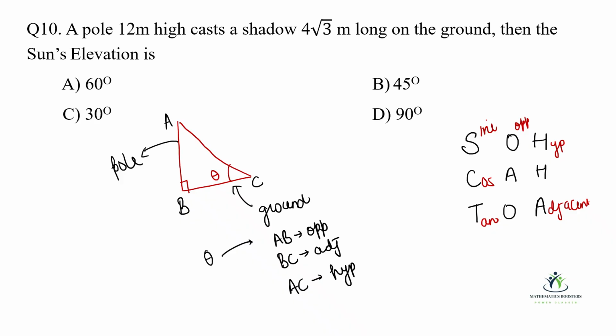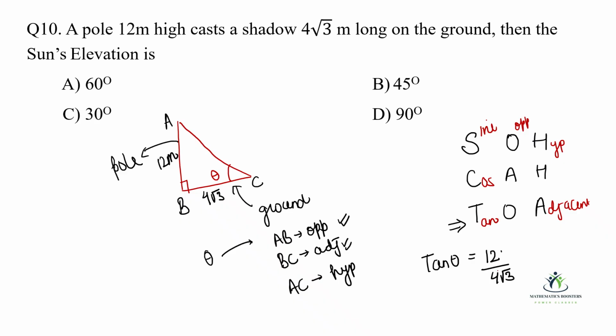So what all we have: height of pole and shadow. तो हमें क्या क्या दे रखा है? हमें दे रखा है opposite side और उसके साथ हमें adjacent side दे रखी है. So which trigonometric ratio? Tan theta. Tan theta is equal to opposite 12 upon 4√3.